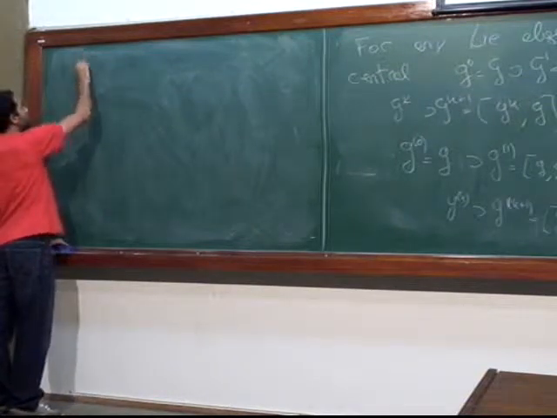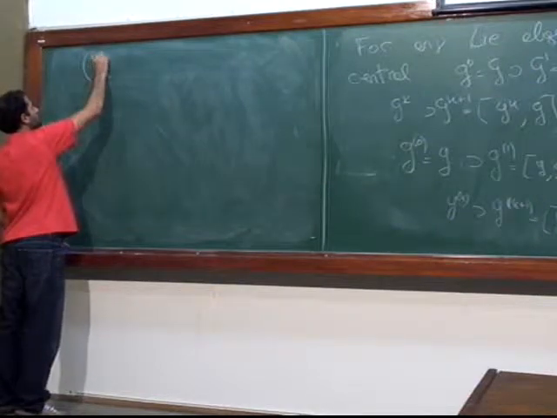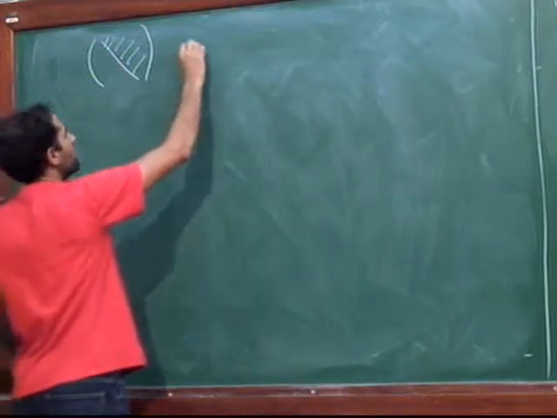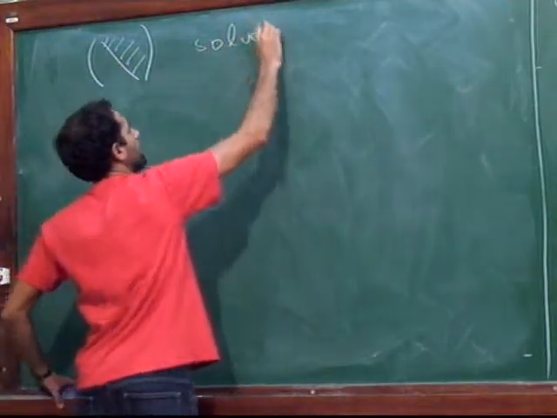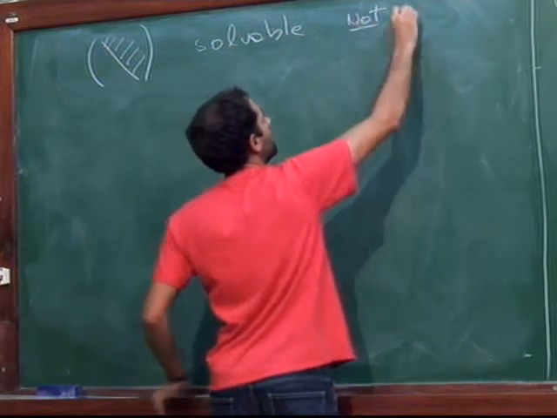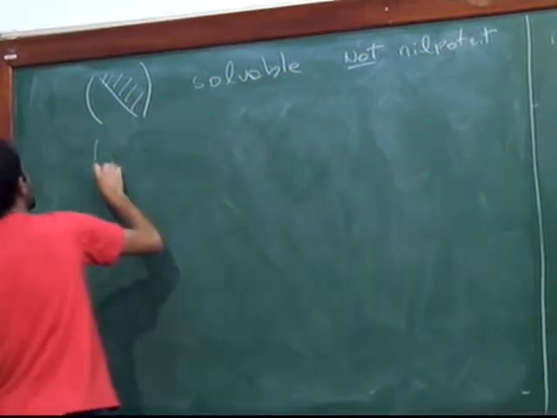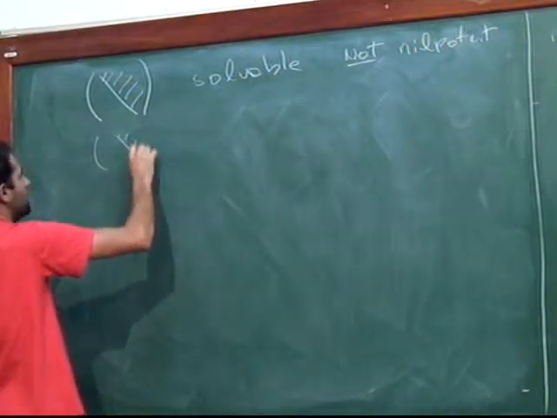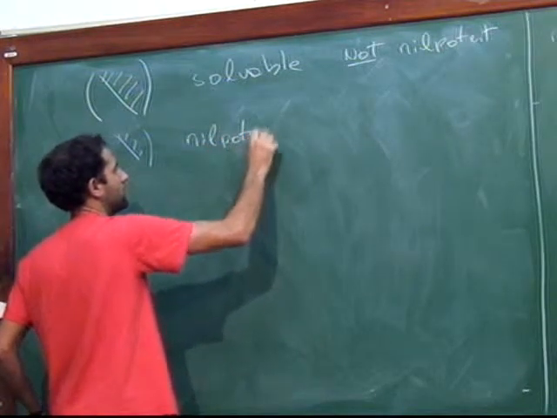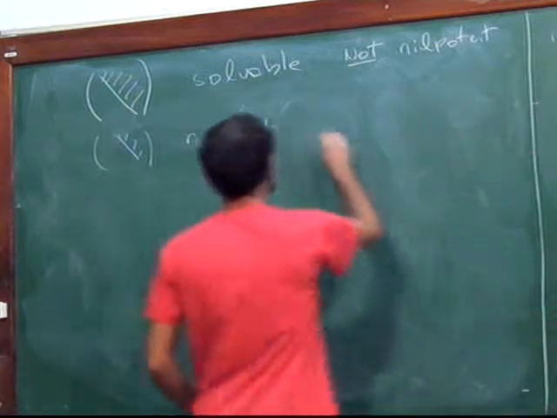So if I take non-strictly upper triangular matrices, it is solvable but not nilpotent, and strictly upper triangular matrices is nilpotent. Well, but then, since this ideal is inside of this guy, certainly that means it's solvable.